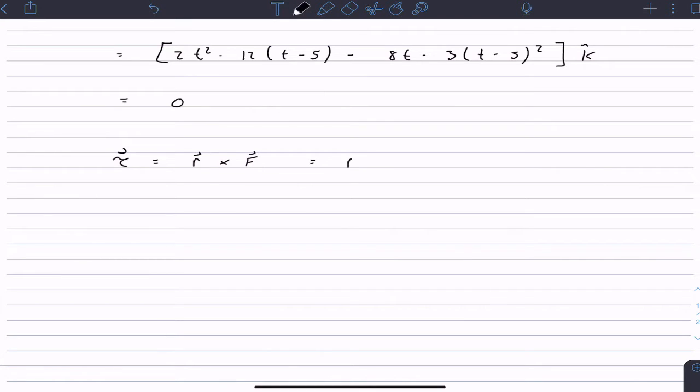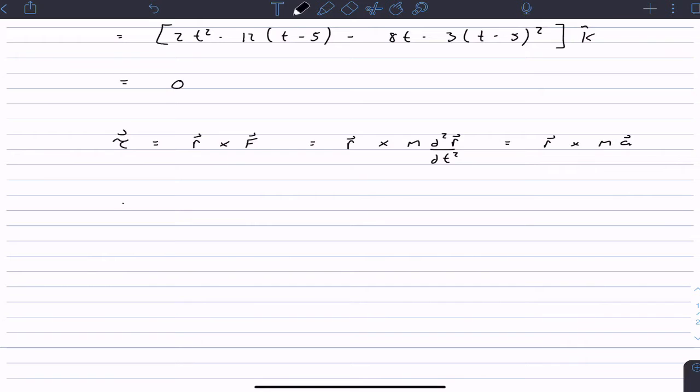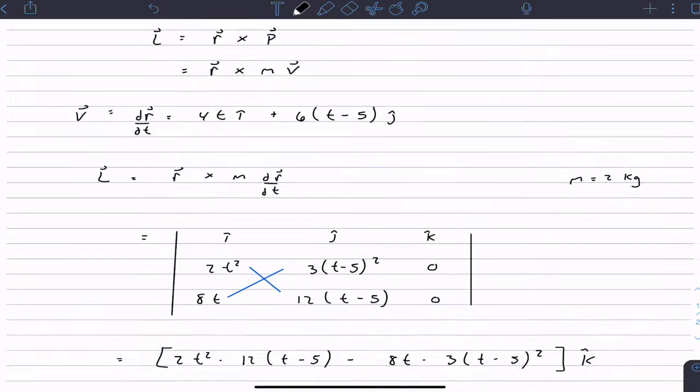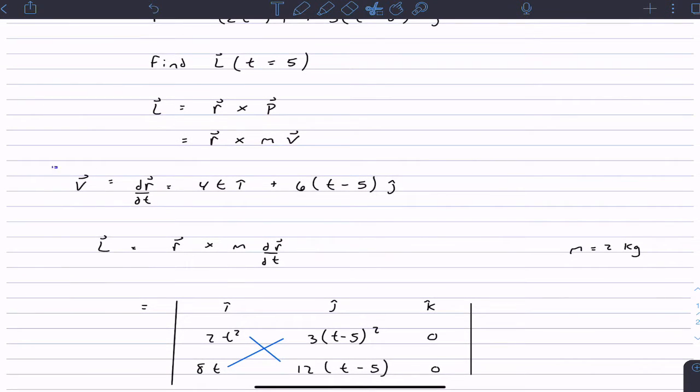This is going to be your r position vector crossed with your mass again, times the second derivative of your position vector, right? This is r cross ma. So all we got to do is take the dv/dt, which we found a minute ago. Excuse me, we found v a minute ago. Take dv/dt of that, and that's going to give us... Let's just copy this here so we can actually see it.